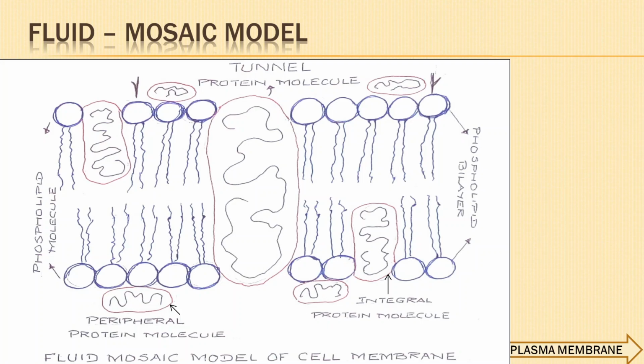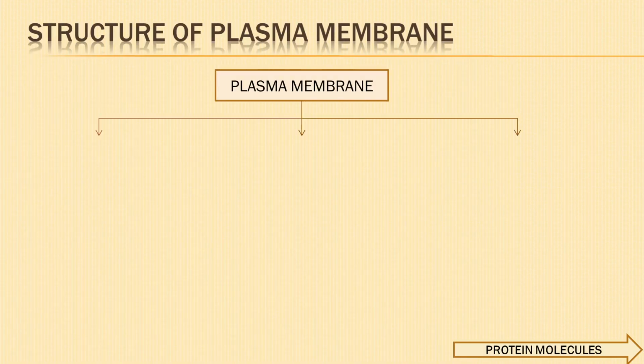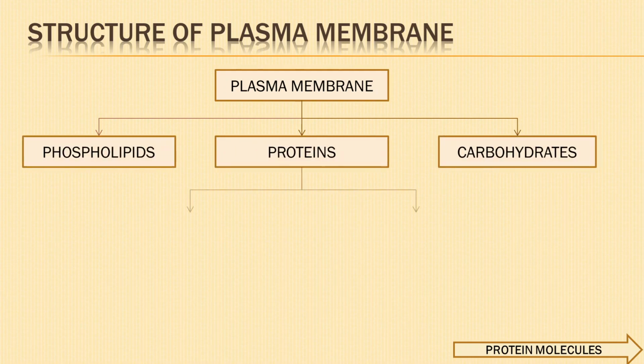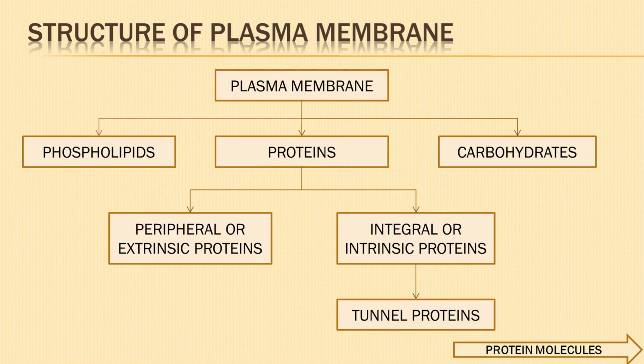Let's pause for a moment to revise and relearn the concept that we have learned so far about structure of plasma membrane. Plasma membrane is made up of phospholipids, proteins, carbohydrates. The proteins are further grouped into peripheral or extrinsic protein and integral or intrinsic protein.